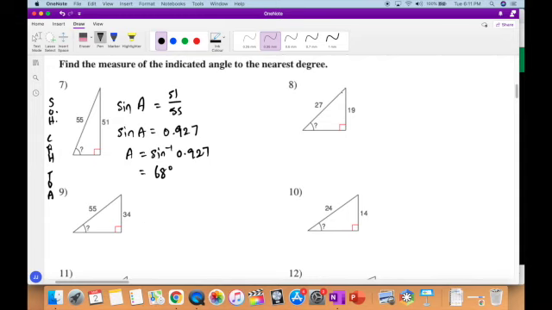Now we can see here that this is also sine. This here is opposite over hypotenuse. So sine A is opposite 19 over hypotenuse. So therefore A is equal to the sine inverse. Now I prefer you do this.